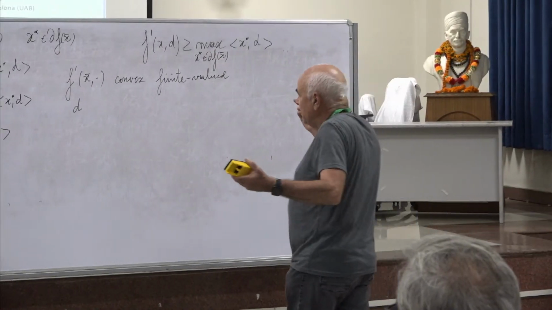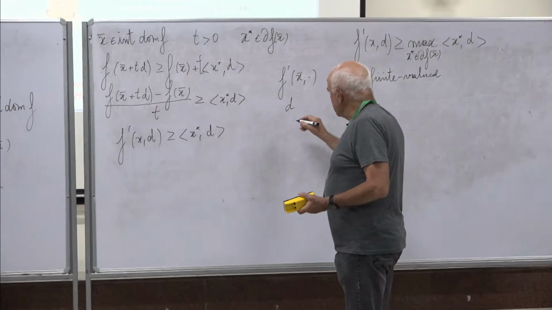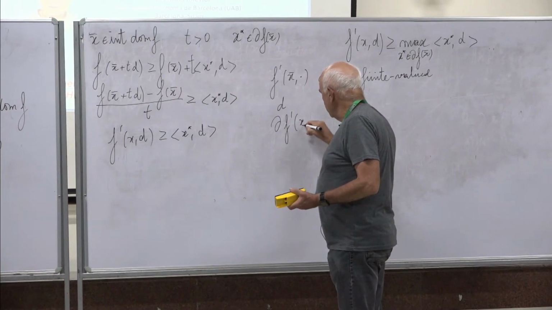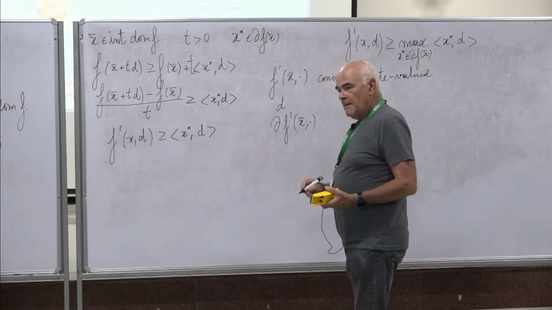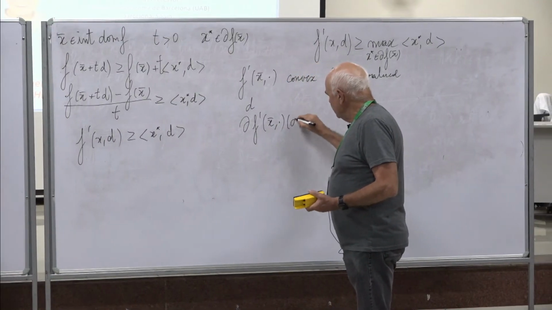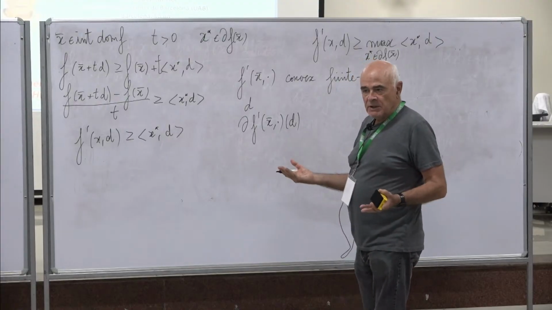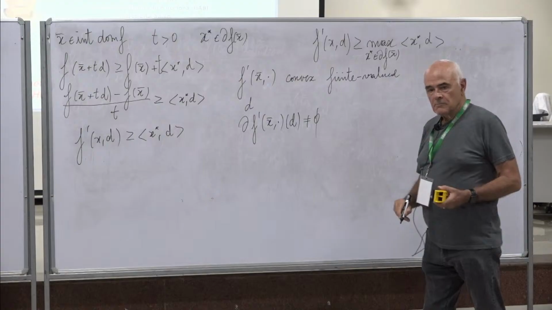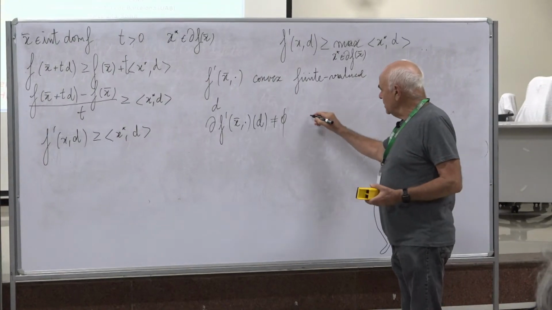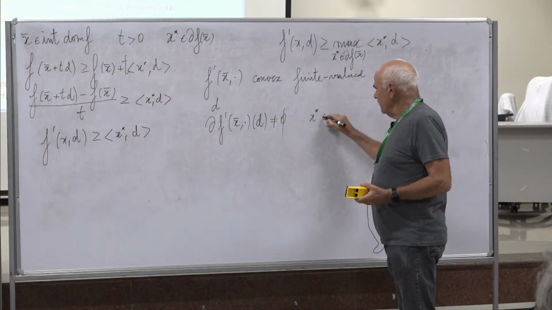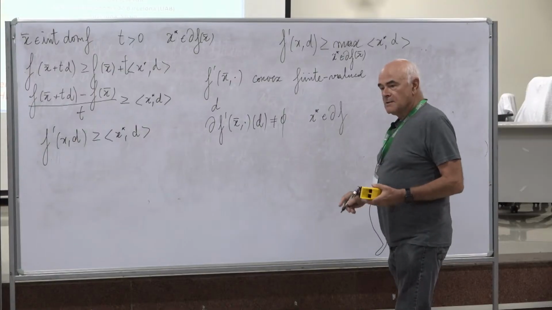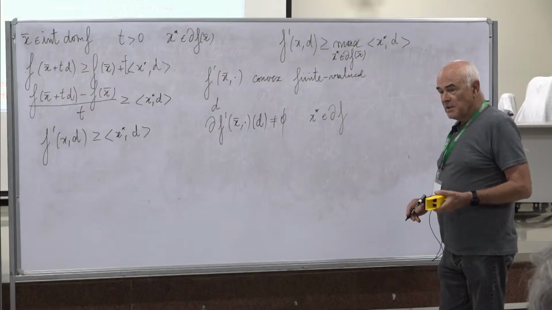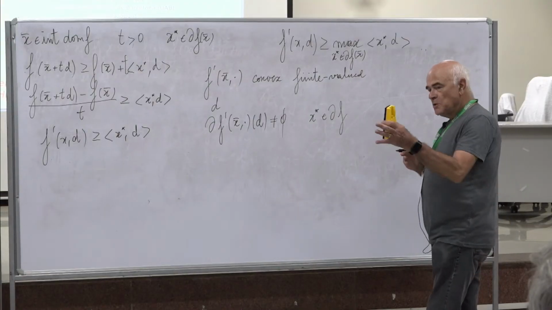Okay, so this means that the subdifferential of this function at this particular d, actually at every d, is non-empty. Since it is non-empty, I take a point in it. So you are seeing here the tangential subdifferential, okay? But this is just between you and me.